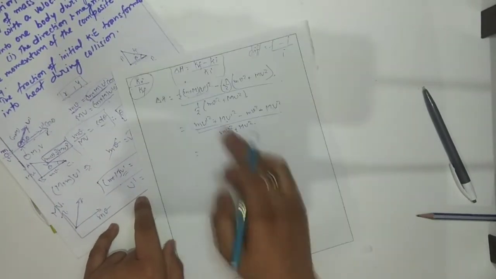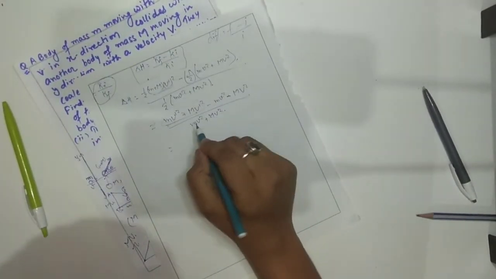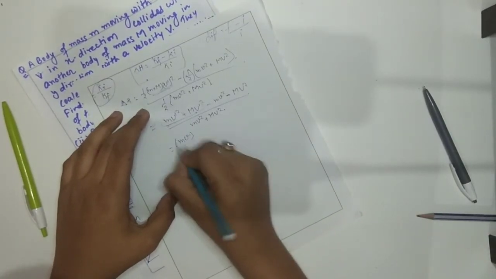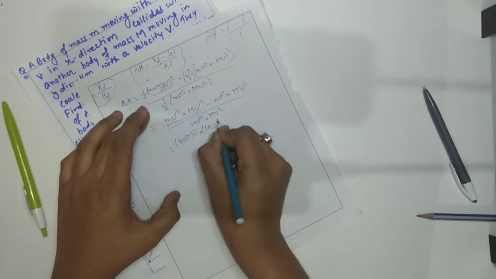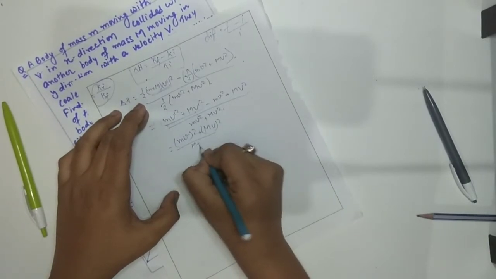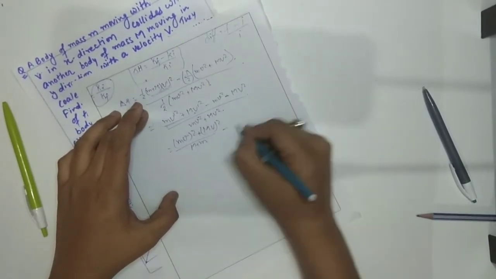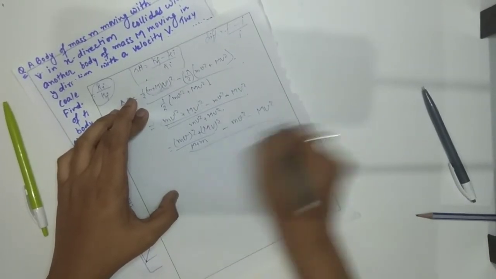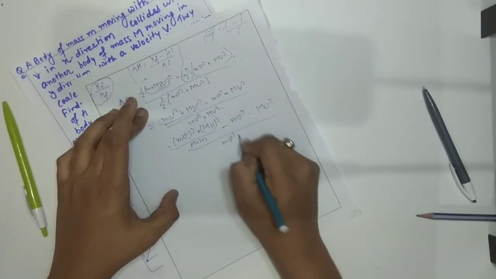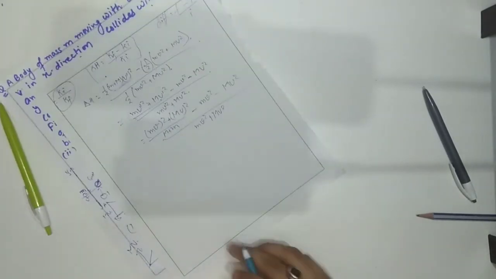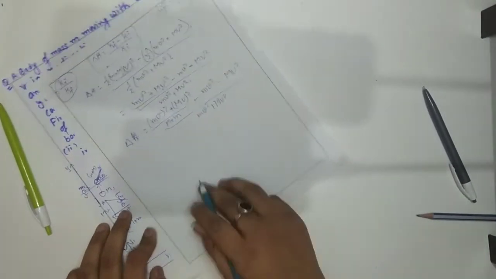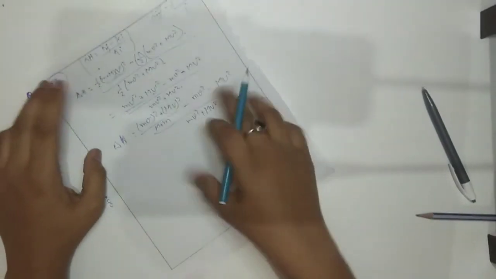So I will take the square of it and cancel the m plus M term on the base. So it would look like (mv) square plus (MV) square upon M plus m, minus m small v square minus M capital V square. This is the expression we get. Now we can just substitute and solve it further.